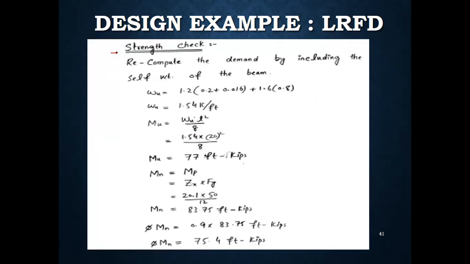The strength check is repeated in the same manner, and the self weight of the member is again added to the dead load of the structure. It ultimately satisfies the moment or load carrying capacity of the structure as well.